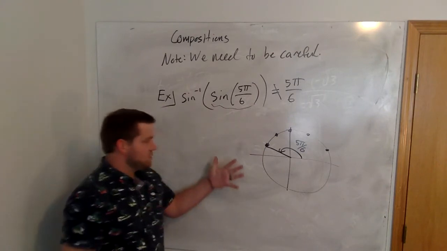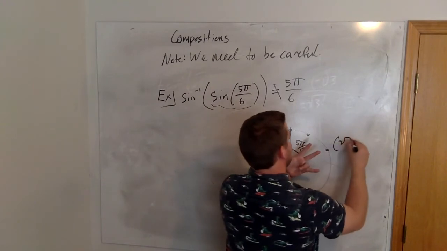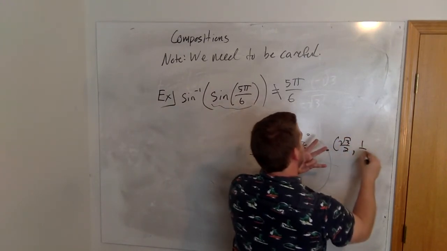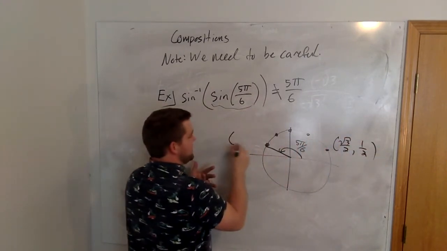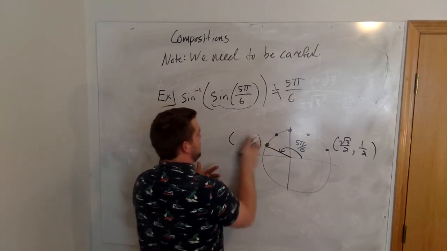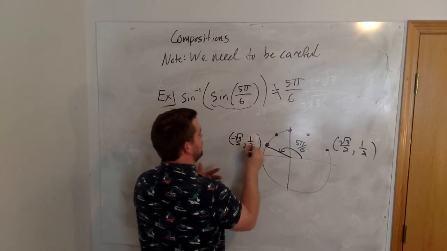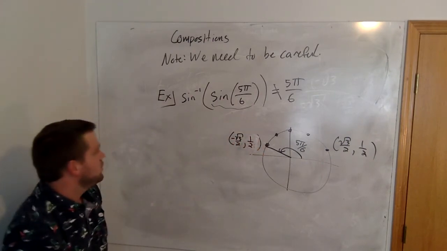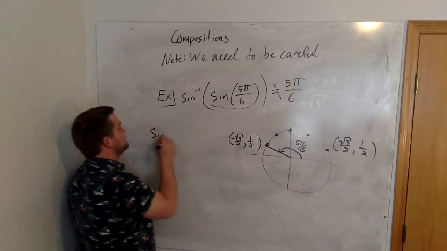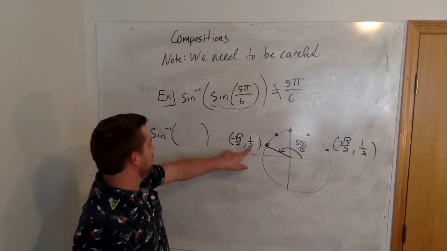Well, we can think about what it is in the first quadrant: root 3 over 2 and 1/2. Over here, the x-coordinate is negative, so this is negative root 3 over 2 and 1/2. So sine of 5 pi over 6 is 1/2.